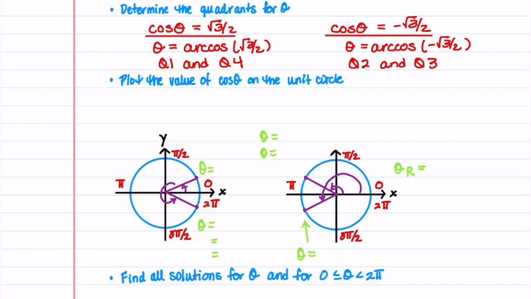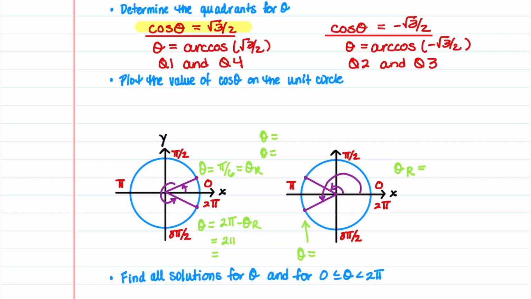Our first solution to cosine theta is equal to root 3 over 2 is in quadrant 1, and theta is equal to arc cosine of root 3 over 2, which is pi over 6, and this is our reference angle theta sub r. Our second solution lies in the fourth quadrant, and theta is going to be 2 pi minus theta sub r.